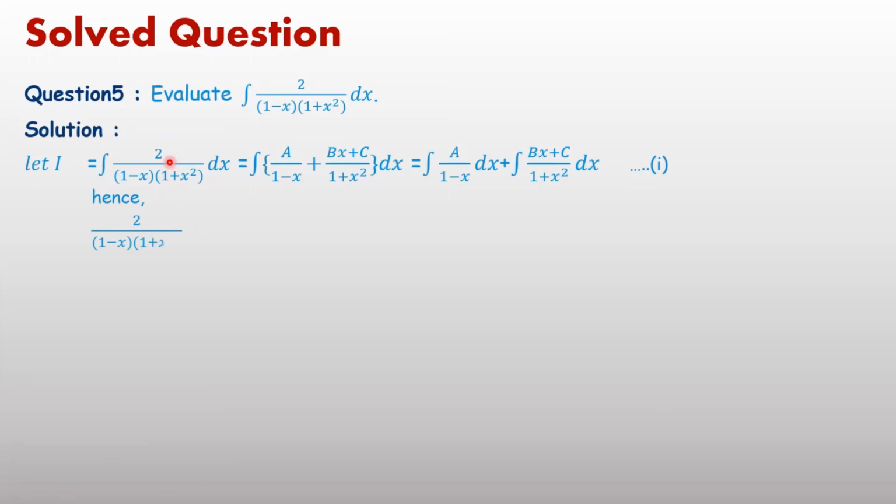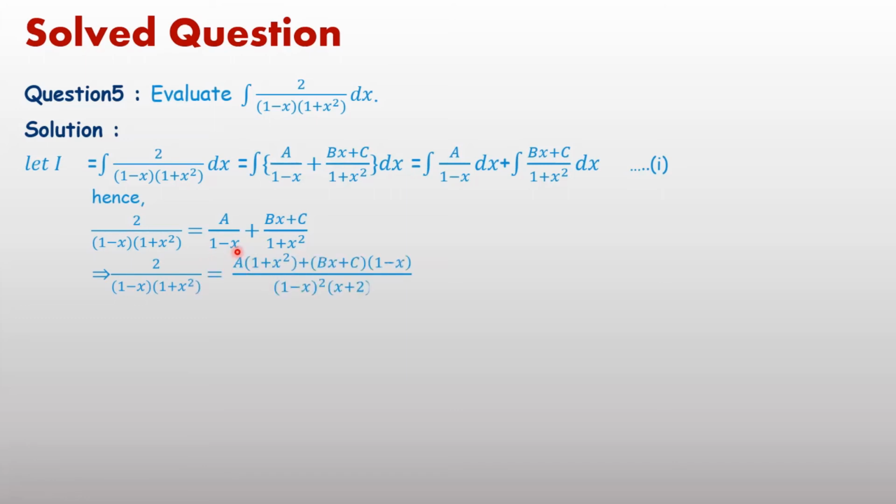Therefore, 2 upon (1 minus x) into (1 plus x square) we can write as A upon (1 minus x) plus (Bx plus C) upon (1 plus x square). RHS taking LCM: (1 minus x) into (1 plus x square) LCM, (1 minus x) cancel out, A into (1 plus x square) plus (Bx plus C) into (1 minus x).